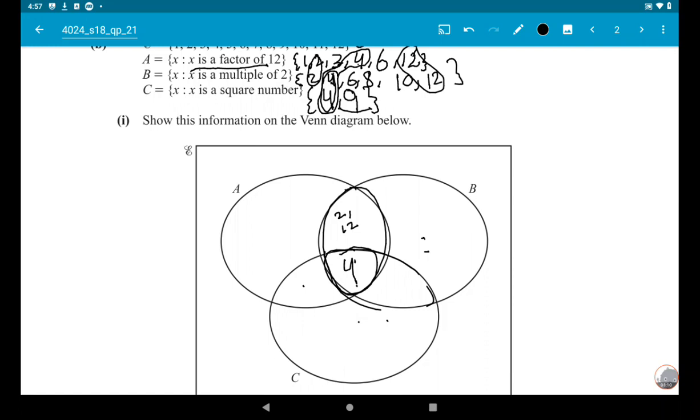Now A and C common: 1 is also a square number, right? Sorry for writing late. So 1 in A and C.